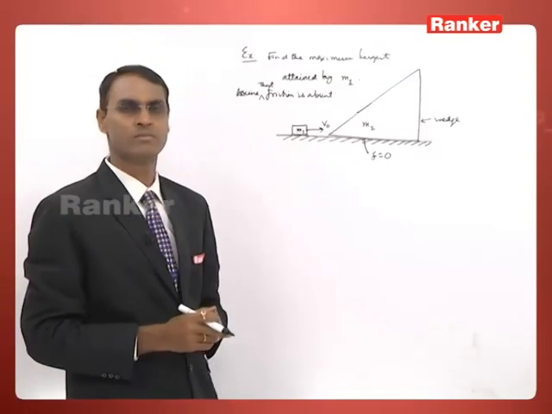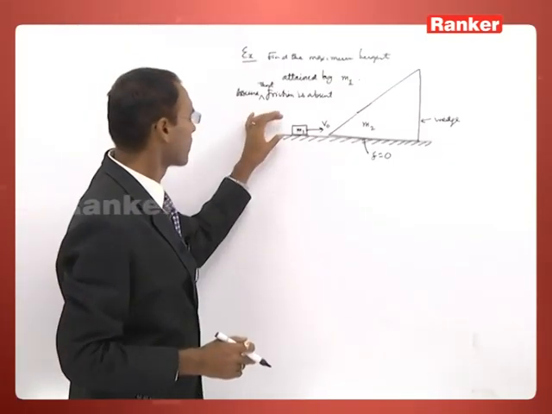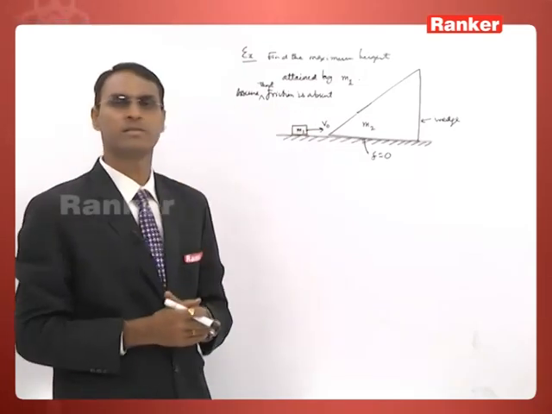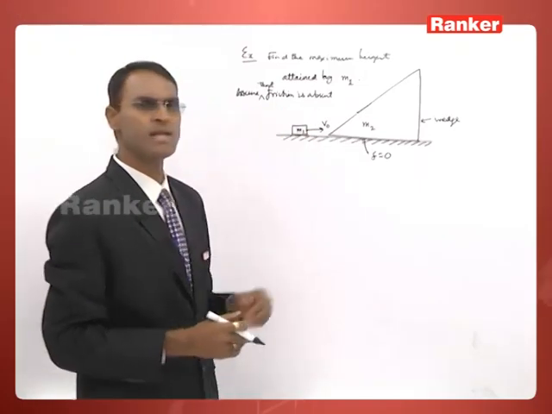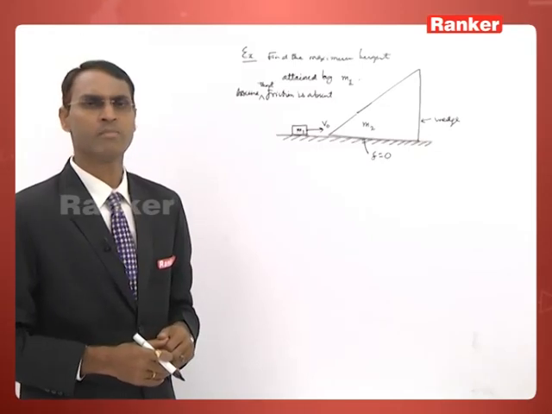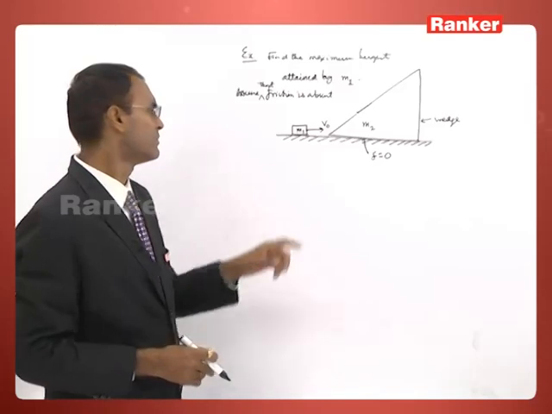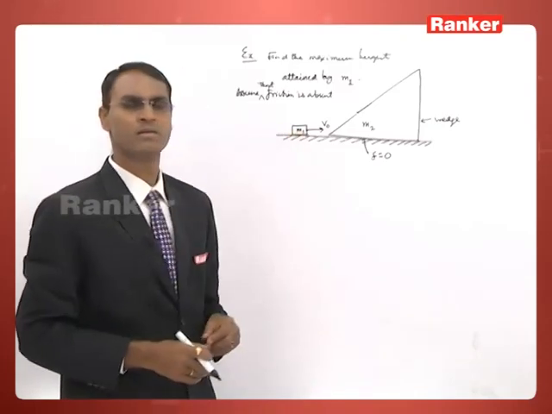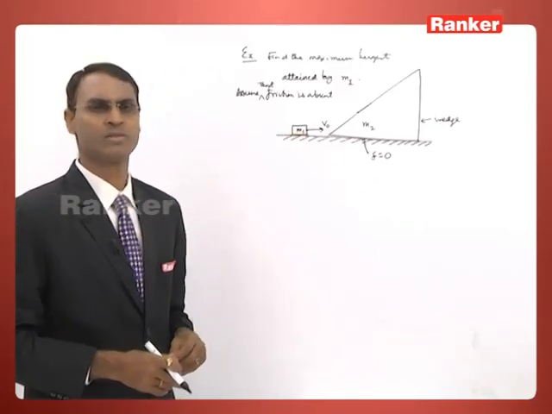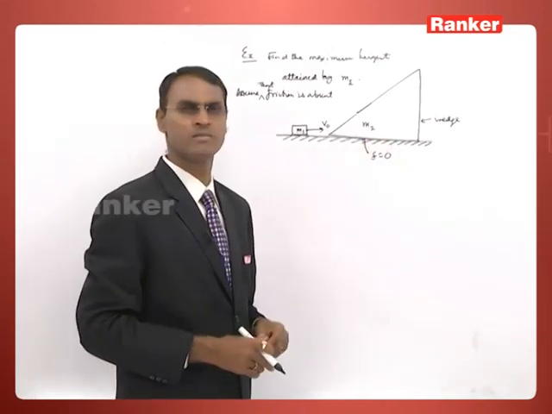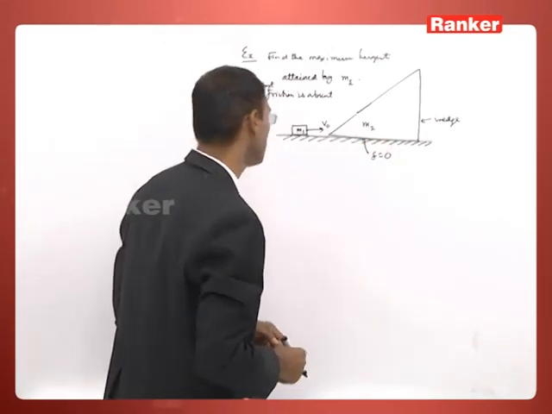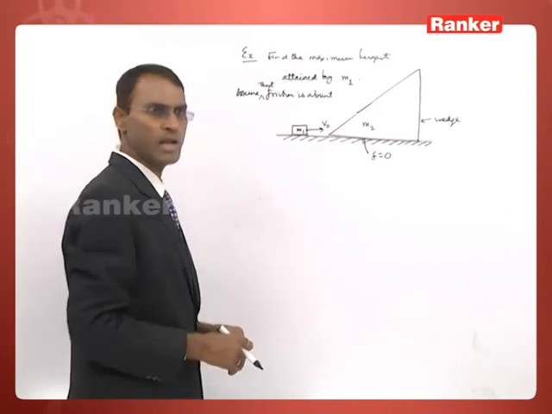While doing so, the velocity of the block will change, its direction will change, its magnitude also will change. Therefore, the block m1 will experience a force from this wedge. In which direction? That we can calculate.